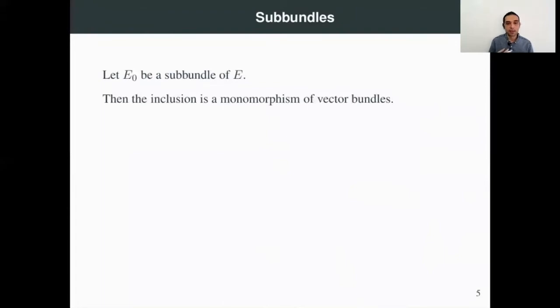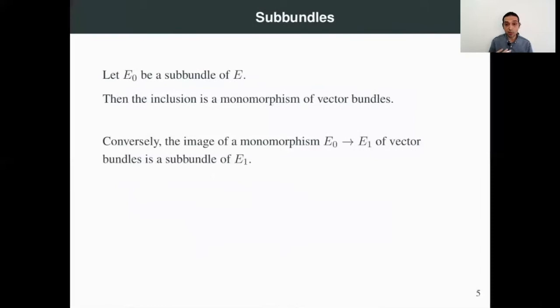Consider now E0 a subbundle of E. Then the inclusion is a monomorphism of vector bundles. Indeed, it is a monomorphism over the identity map. And conversely, if we consider the image of a monomorphism over the identity map, we are going to obtain a subbundle of the vector bundle E1.